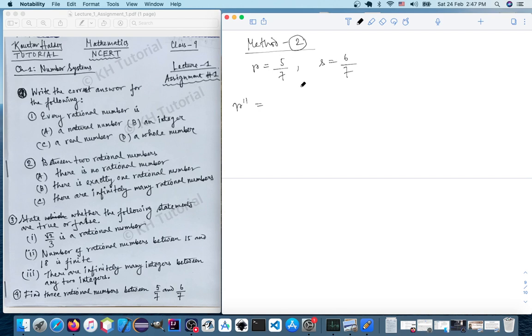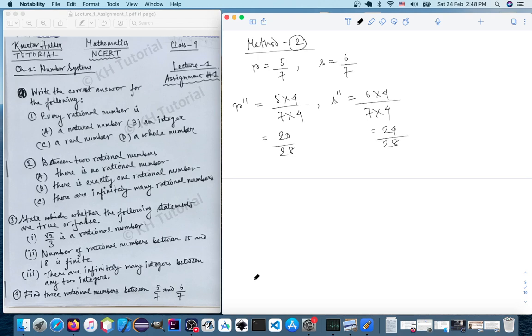We have to multiply 4 with both the numerator and denominator of both the rational numbers and get two equivalent rational numbers like this. So this becomes 20 by 28, and this is 24 by 28.